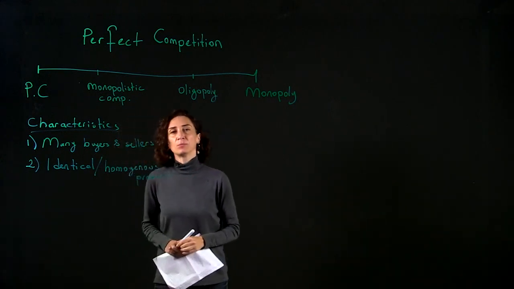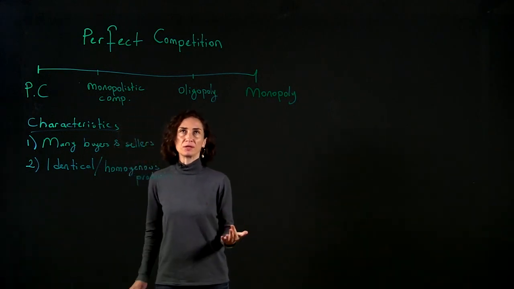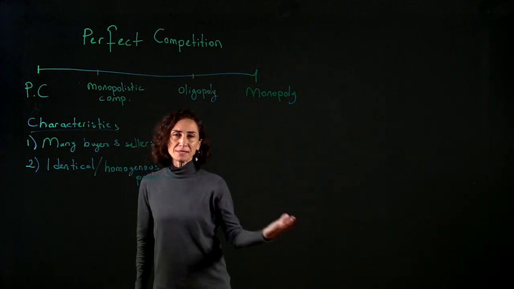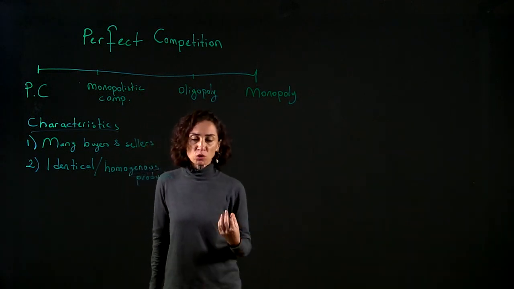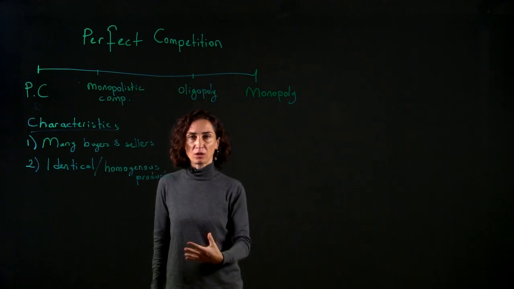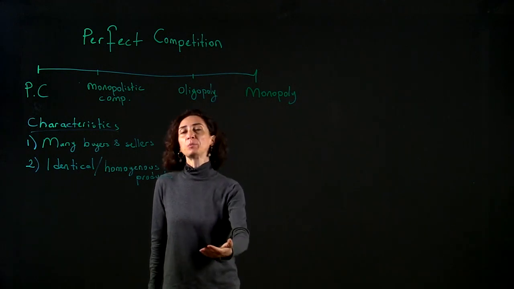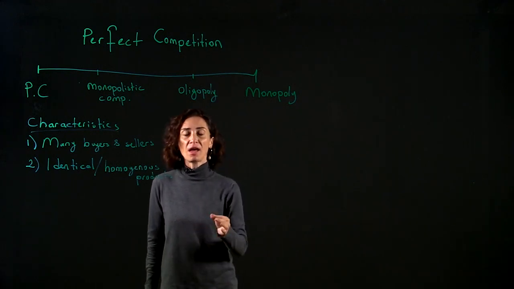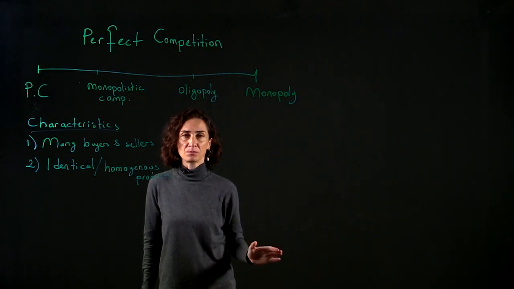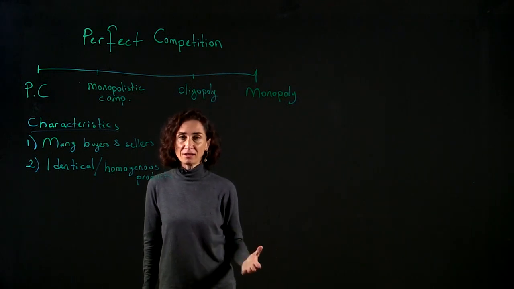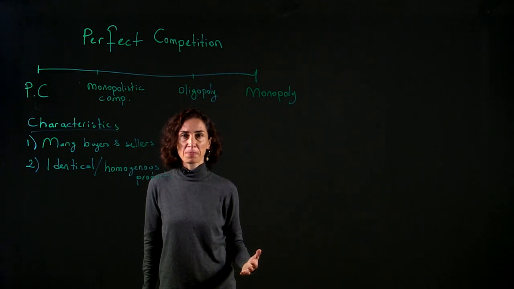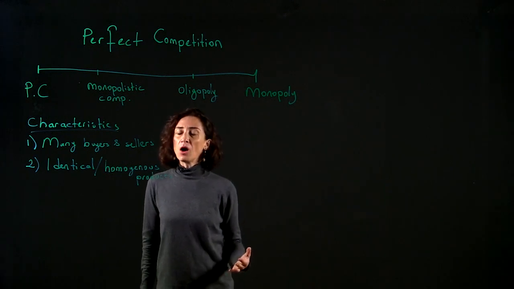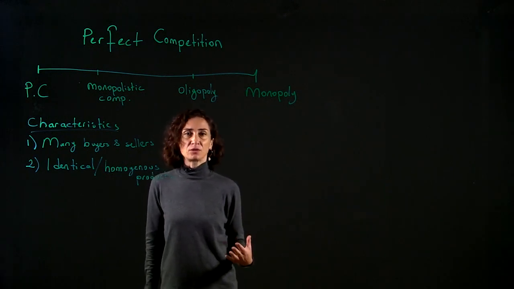What do we mean by identical or homogeneous? So there are many sellers and consumers perceive the product sold by each of these sellers as exactly the same, okay? They don't see any difference between them.